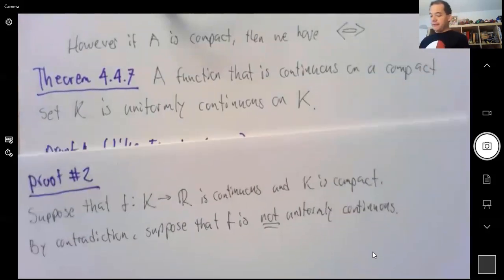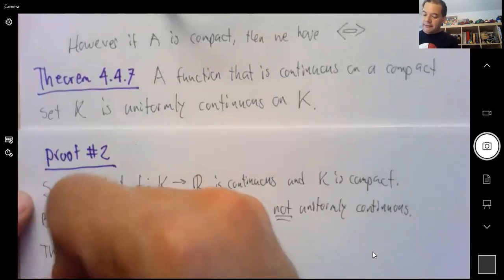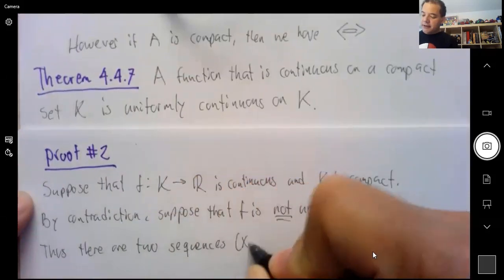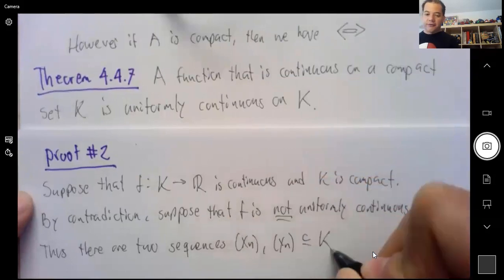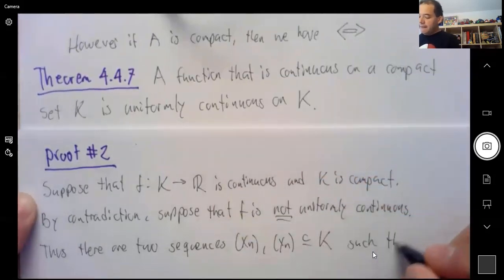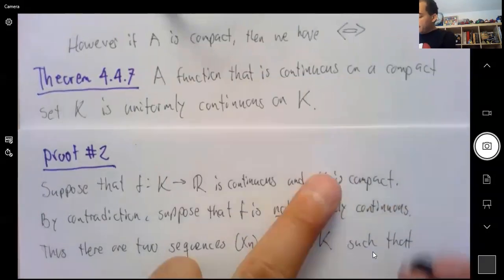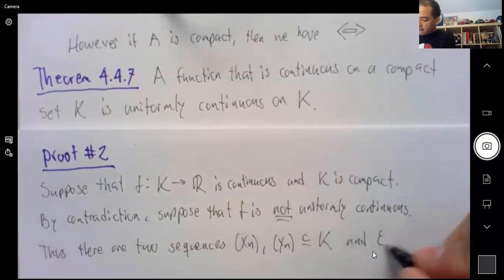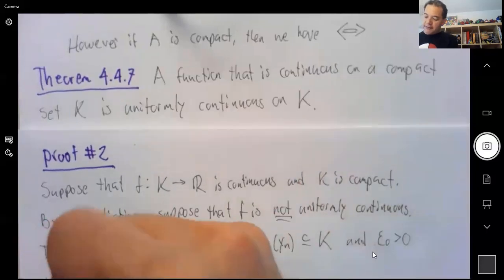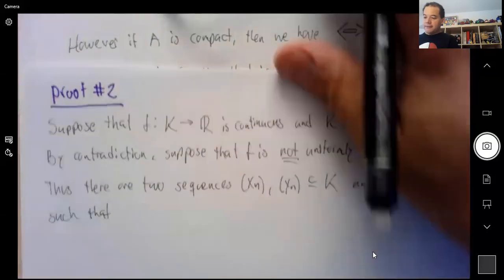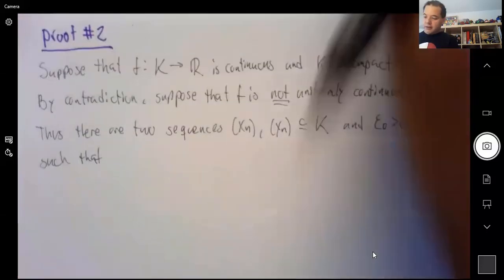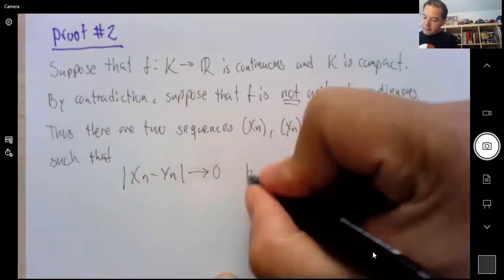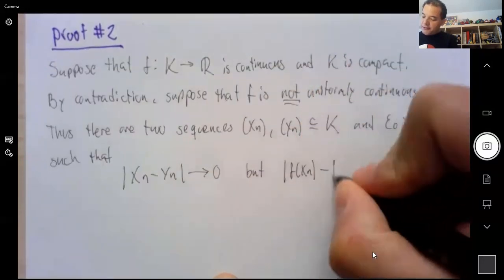It means there are two sequences, xn and yn, both subsets of K, and there is an epsilon 0 greater than 0, such that the sequences get close to each other, but they are separated when you apply the function.